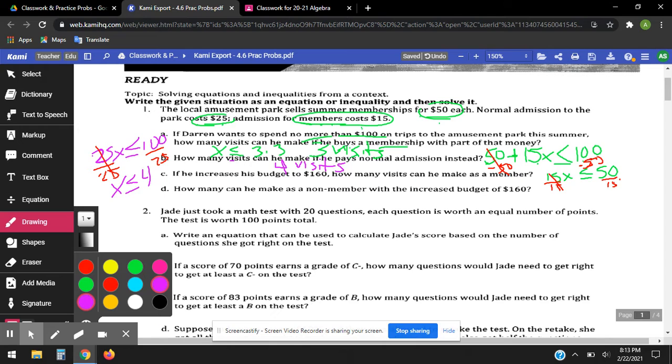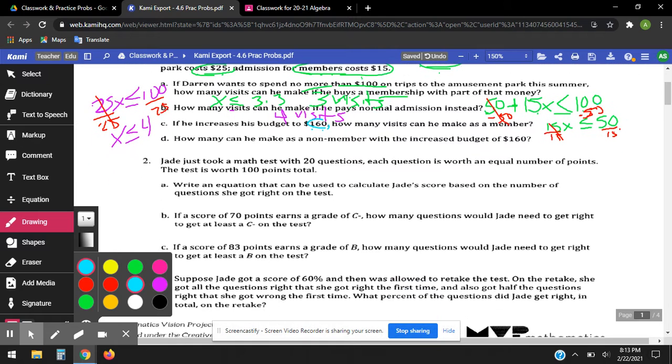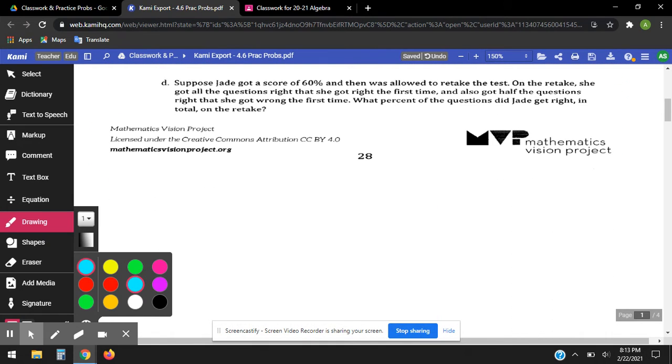If he increases his budget to 160, how many visits can he make as a member? So now we're going to go with this original equation and actually do a 160. So kind of running out of room, I'm going to go down to the bottom and do it down here.